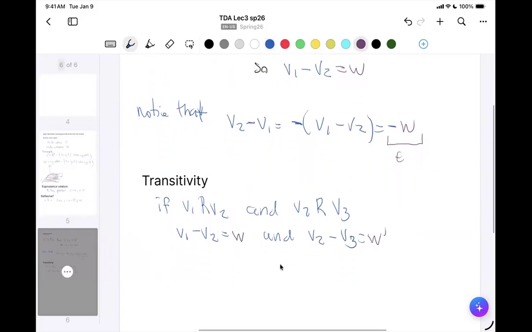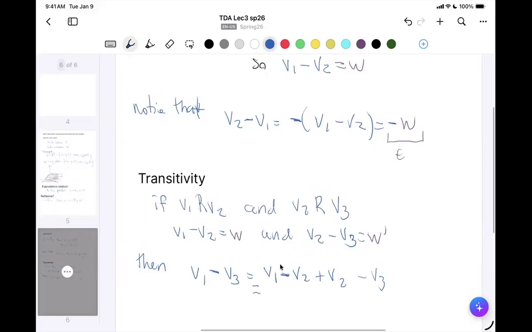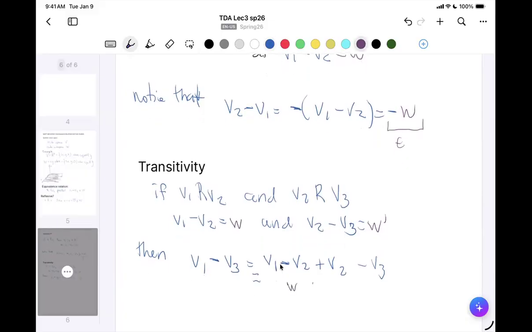Then what is V1 minus V3? The trick is to add and subtract V2. So V1 minus V3 is V1 minus V2 plus V2 minus V3. But V1 minus V2 is just w, and V2 minus V3 is w prime. And that gives you something in the subspace, because a vector subspace has the property that the sum of two elements is another element. Okay.